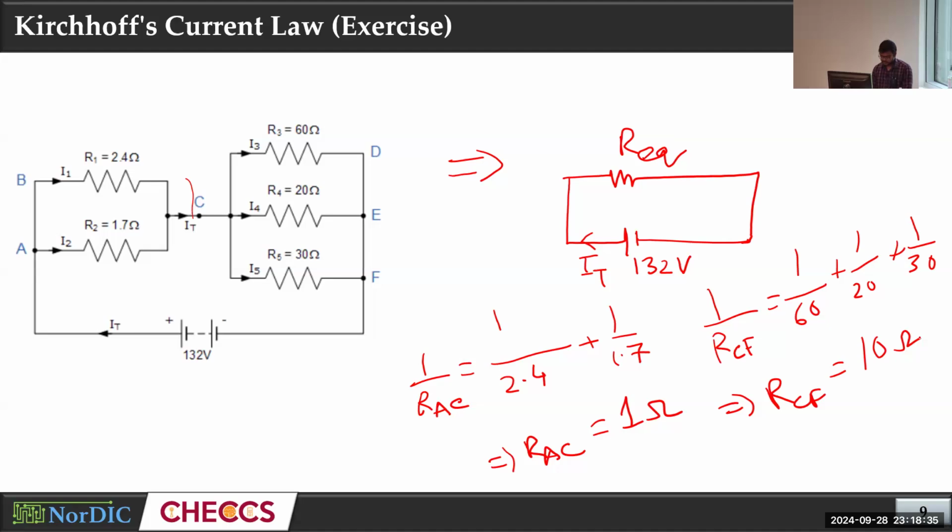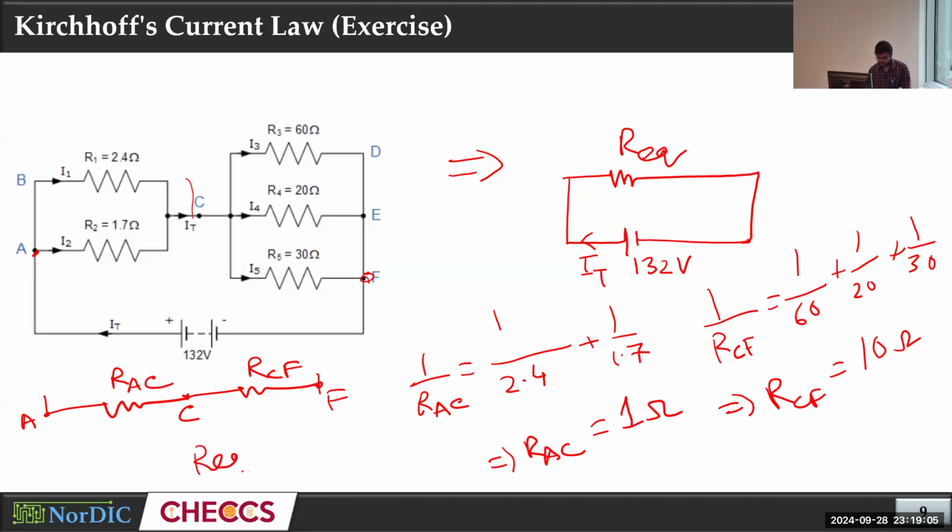If we use this, then we should have something like this. We have one resistance between A and C, and one resistance between C and F. Our goal was to find the equivalent resistance between A and F. Between these 2 nodes, these two are connected in series, so we can just add them.